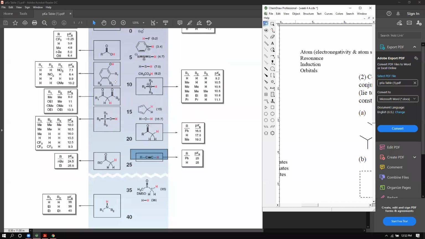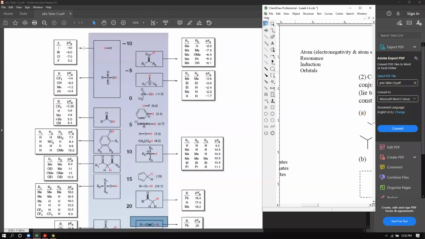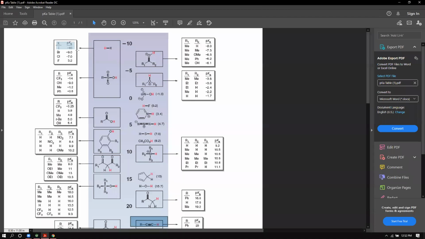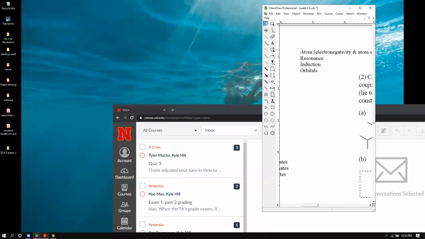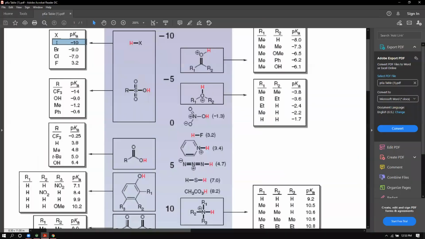So let's take a look at some of these effects here. So normally, the electronegativity matters, but you also have to consider atomic size when you're dealing with the first one. Notice here that HI is more acidic than HF. I thought fluorine would be more electronegative than iodine. Why is HI more acidic then? Much larger, yes. Okay.